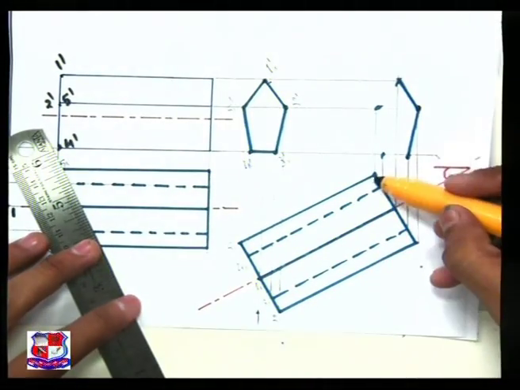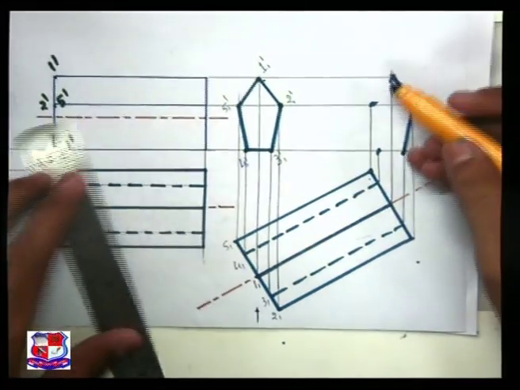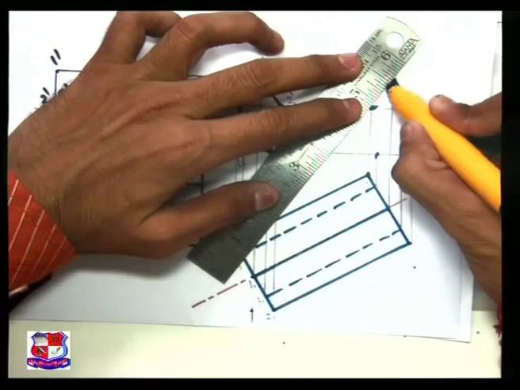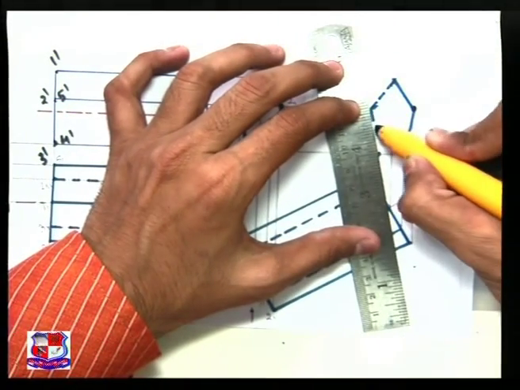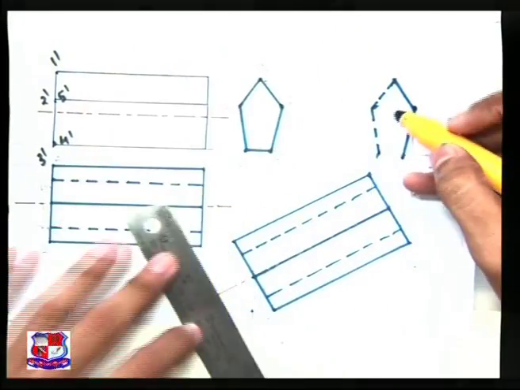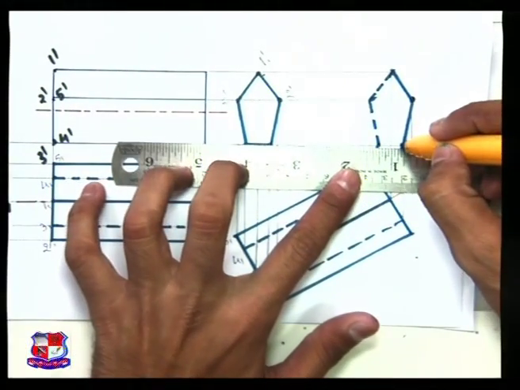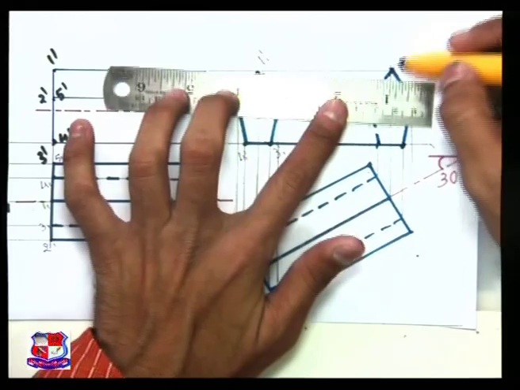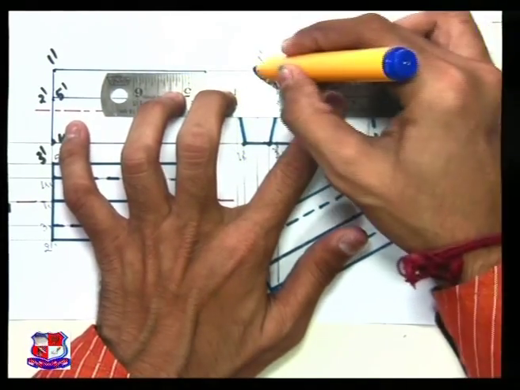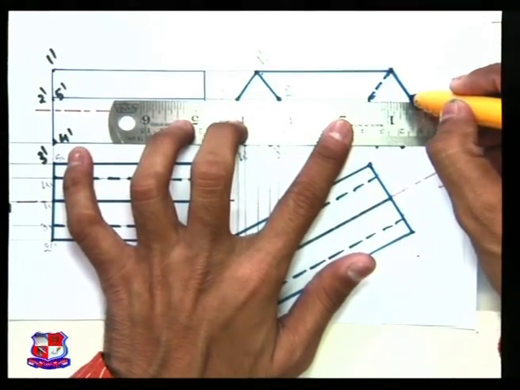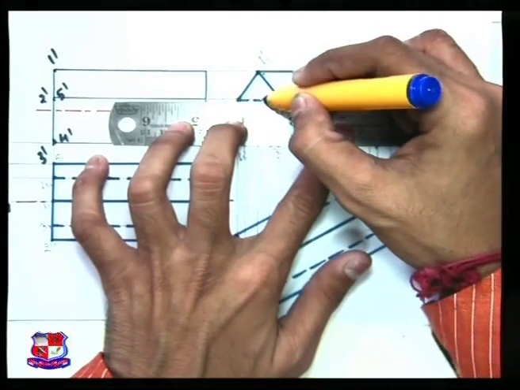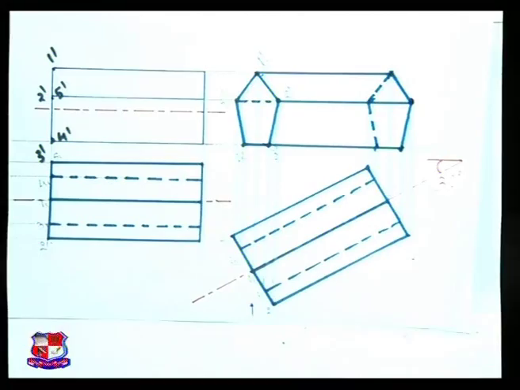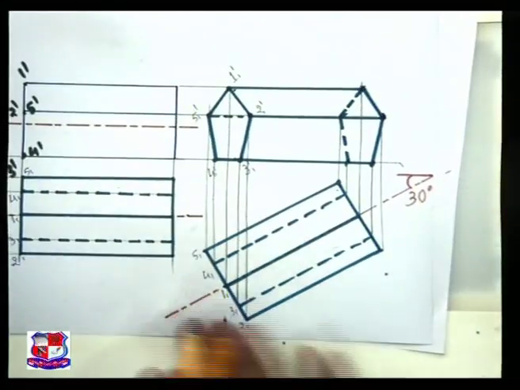If you are looking from here, this edge is not visible, hence this point is not visible, so that point should be joined with the dotted line with all other points. So this will be dotted line, and this one is the outside line, so it will be full line, visible line. This will be full line, and here this would be full line, and here dotted line would be there, which joins point number 5 dash to this point. So this is the front view.